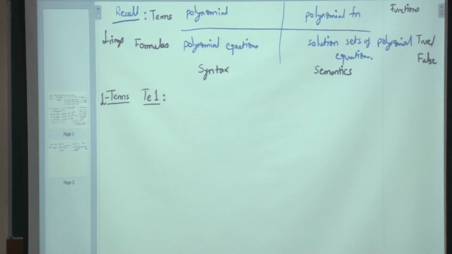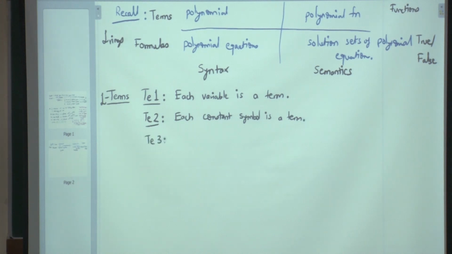TE1, this is a base case, of course: each variable is a term. TE2: each constant symbol is a term. TE3 is the inductive clause. The first two are base cases, the third one is an inductive clause.